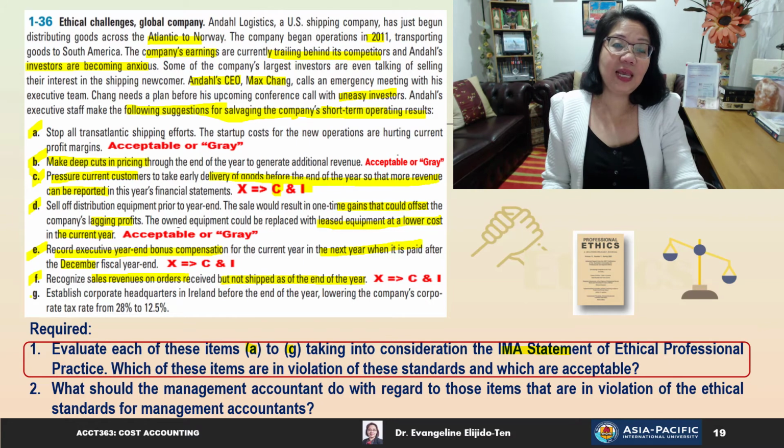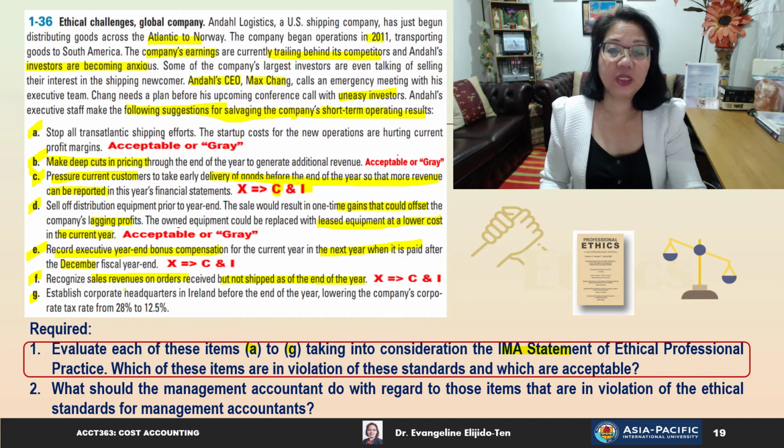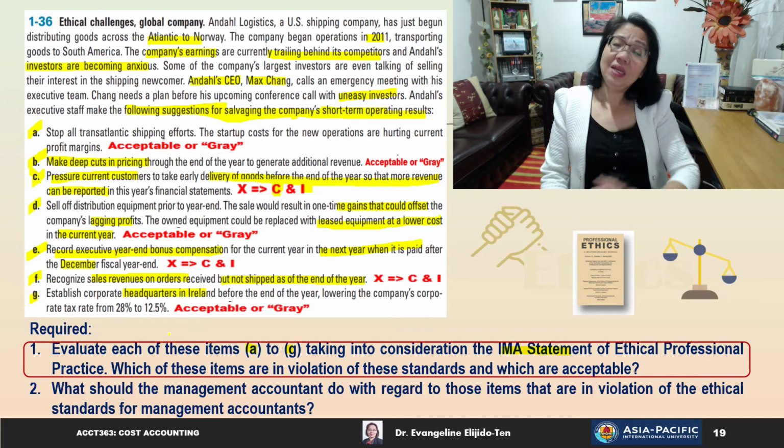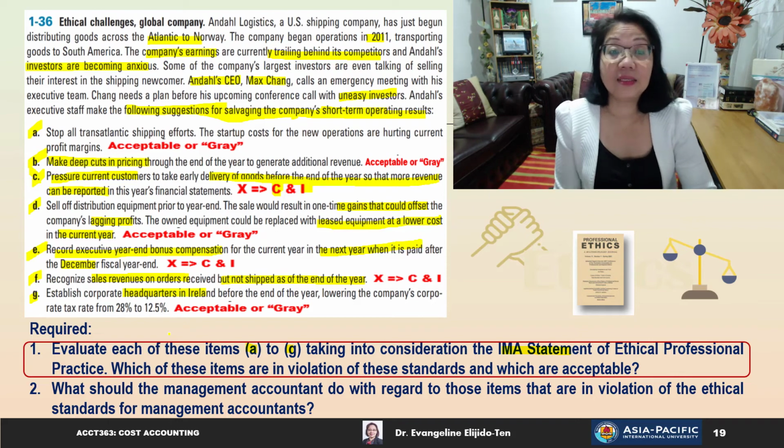Finally, letter G. What about establishing corporate headquarters in Ireland before the end of the year, lowering the company's corporate tax rate from 28% to 12.5%? Would that be acceptable or in violation? All right. Well, this overall is acceptable.